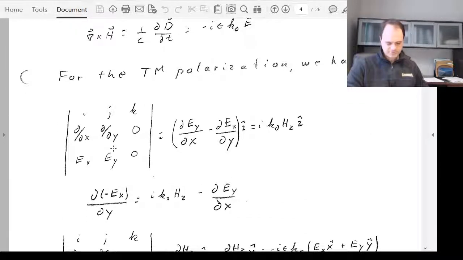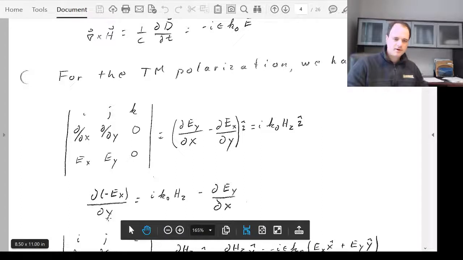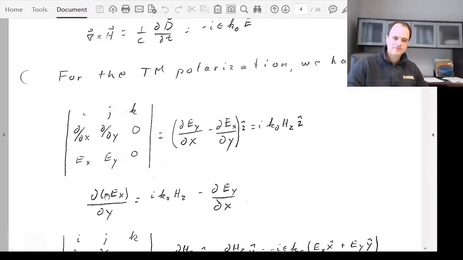So first, for the TM polarization, we look at the del cross E relation, and we get this, and so we can then isolate out the partial derivative with respect to y of E X. And I pulled in the minus here for good reason.